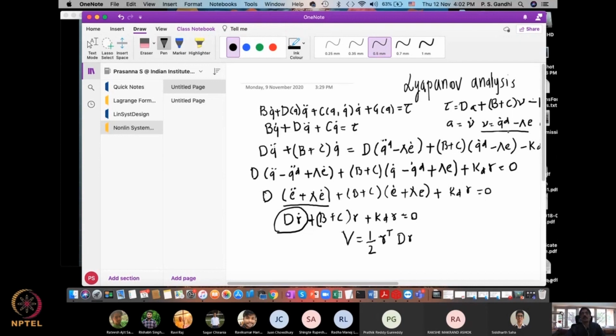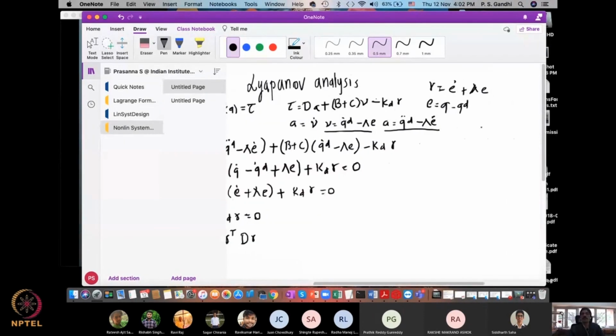When the desired trajectory is a function of time, you can apply this controller and see that the error, which is the difference between q and qd, the actual trajectory and the desired time varying trajectory, is driven to 0. This is not a constant part, it is a time changing term.